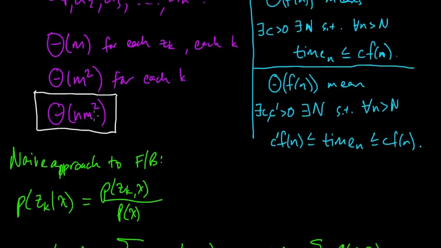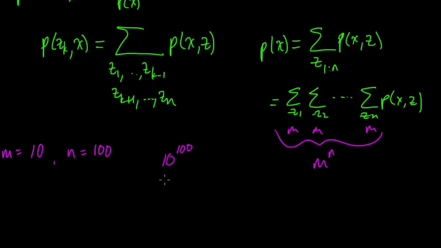And this one was just n times m squared. So this approach would take at least 10 to the 100 versus the forward algorithm approach, or at least the forward backward algorithm approach, which was, what was it? I said n times m squared. So that would be 100 times n times m squared is 100 times 10 squared.